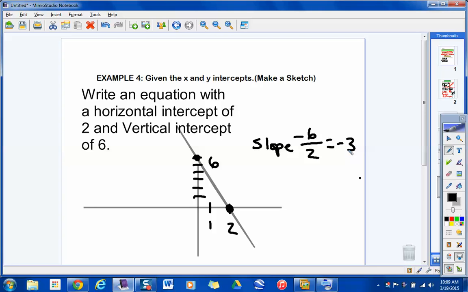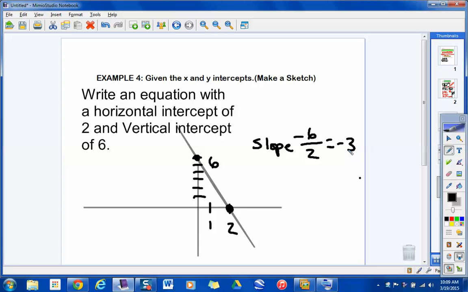Second question is, if I know what the slope is, we've always said in this situation we've got to find the y-intercept also. Well, we said here's the vertical intercept at 6. The vertical intercept is crossing which axis? The y-axis. So what value have I crossed at up there? What is the y-intercept? Where does it cross the y-axis?